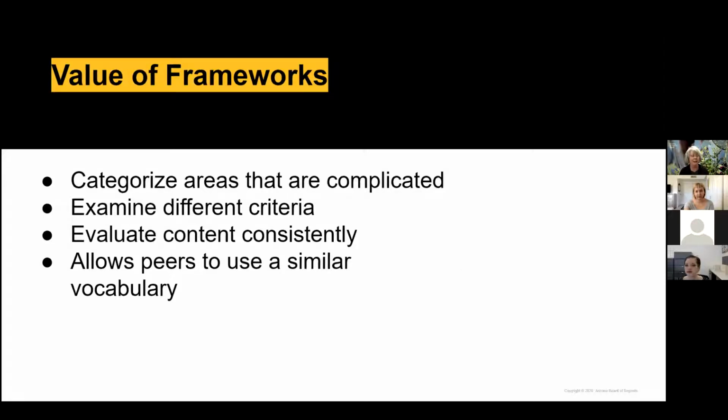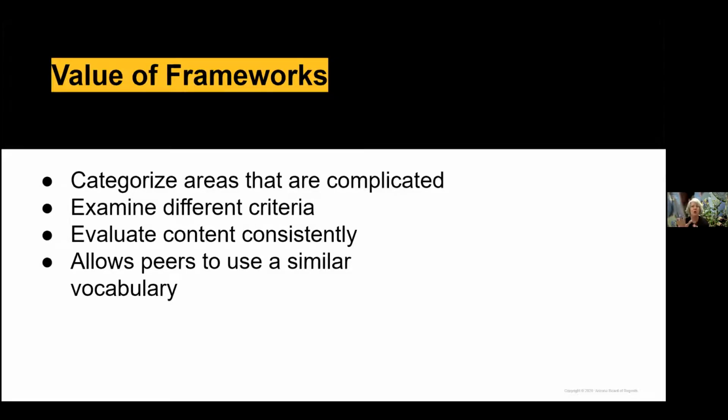Again, as I mentioned, inclusion is really complicated. So if we have a framework, it helps us put things into categories, make it a little less complicated to see how things are connected. It perhaps helps us to examine different criteria. Again, with our implicit bias, we may not be thinking about all the different criteria that we could be looking at. It helps evaluate things consistently.